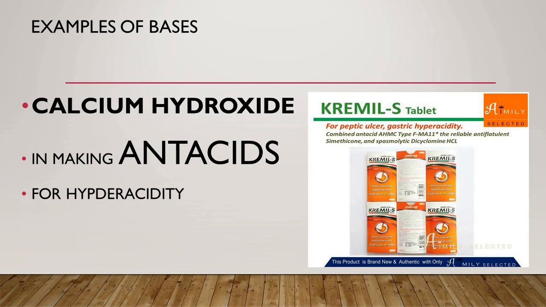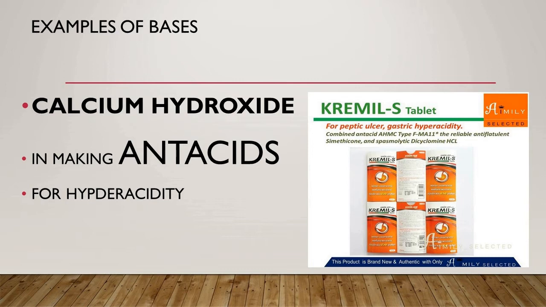These are the examples of bases. We have calcium hydroxide. This is used in making antacids for curing hyperacidity or ulcer. One example of antacids, if you are familiar, is the Kremil-S. This is a tablet.